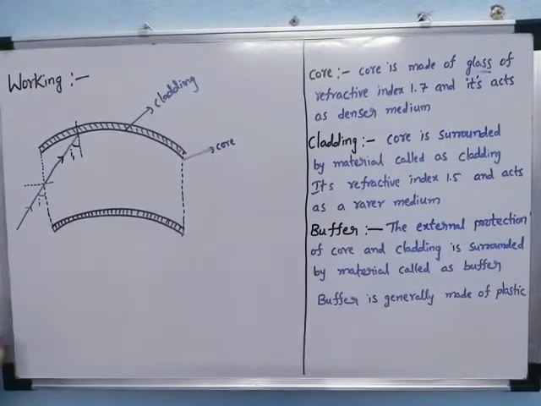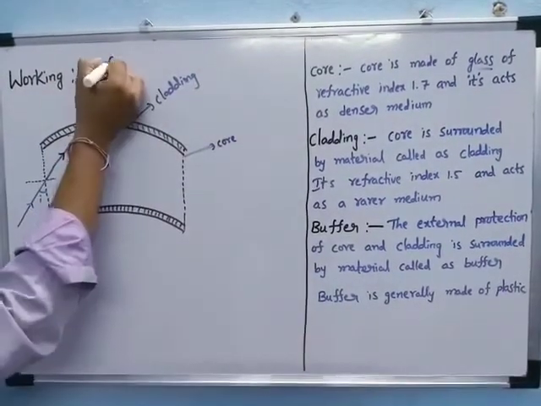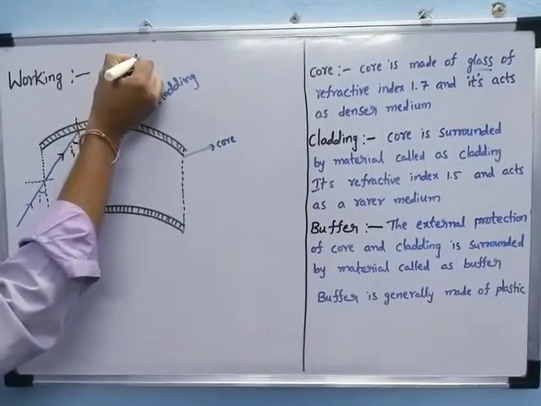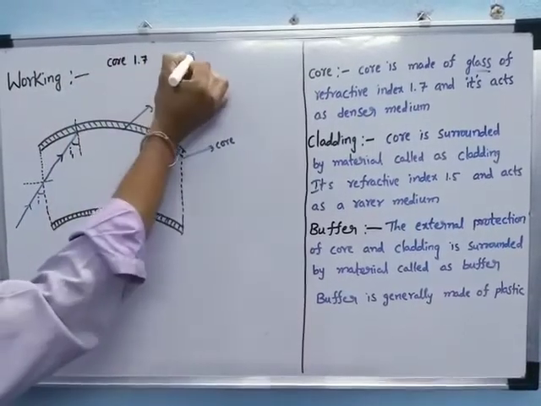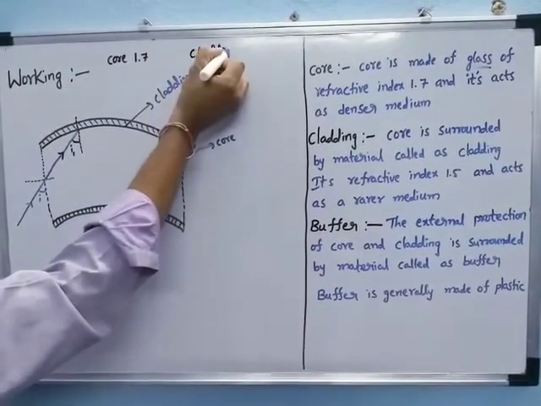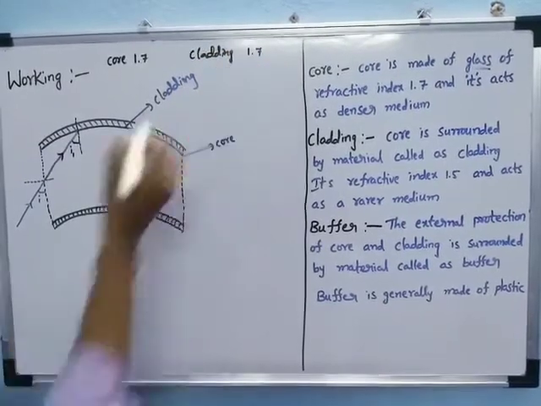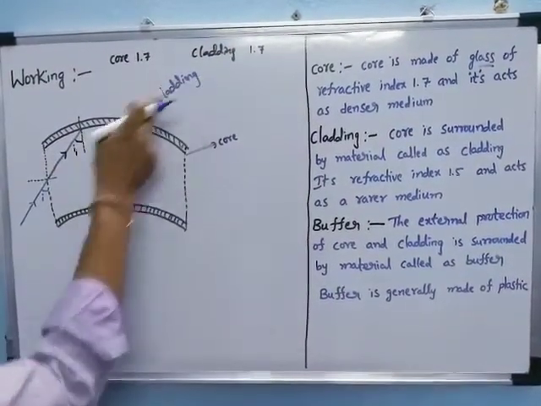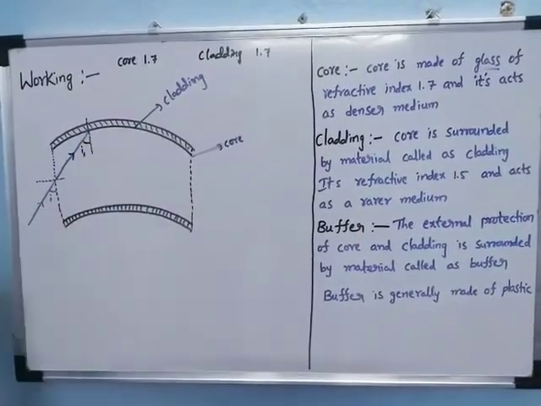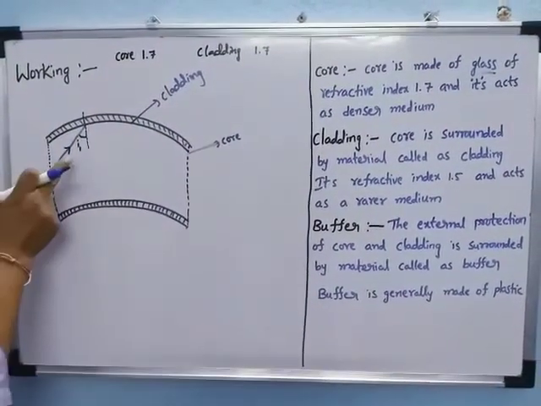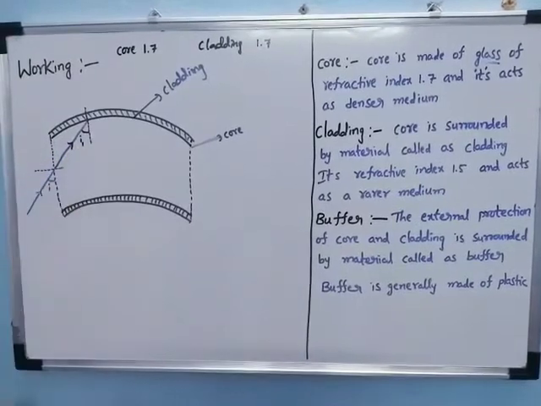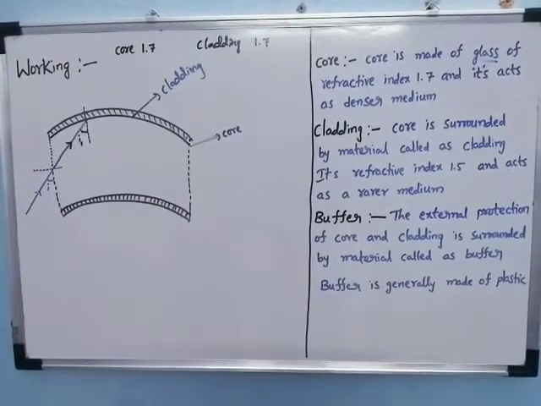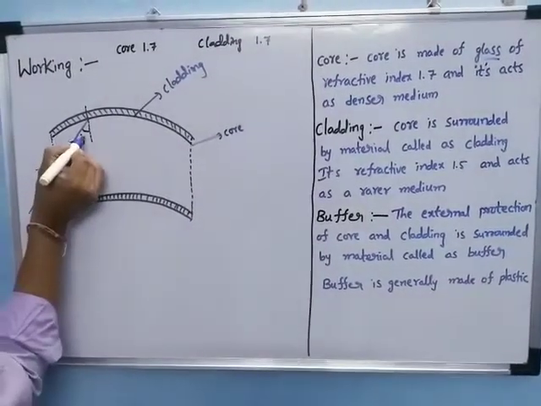We know the refractive index of the core is 1.7 and the refractive index of the cladding is less than that of the core. That's why the angle of incidence is greater than the critical angle.